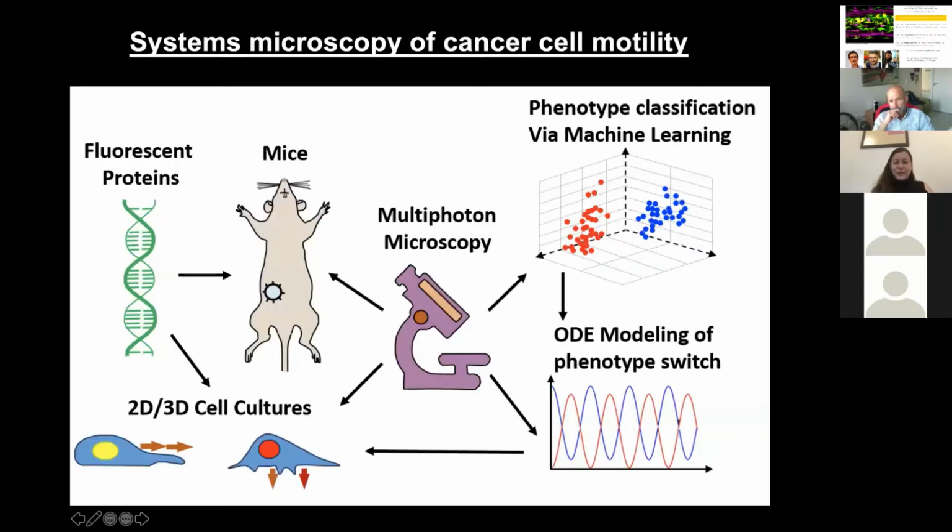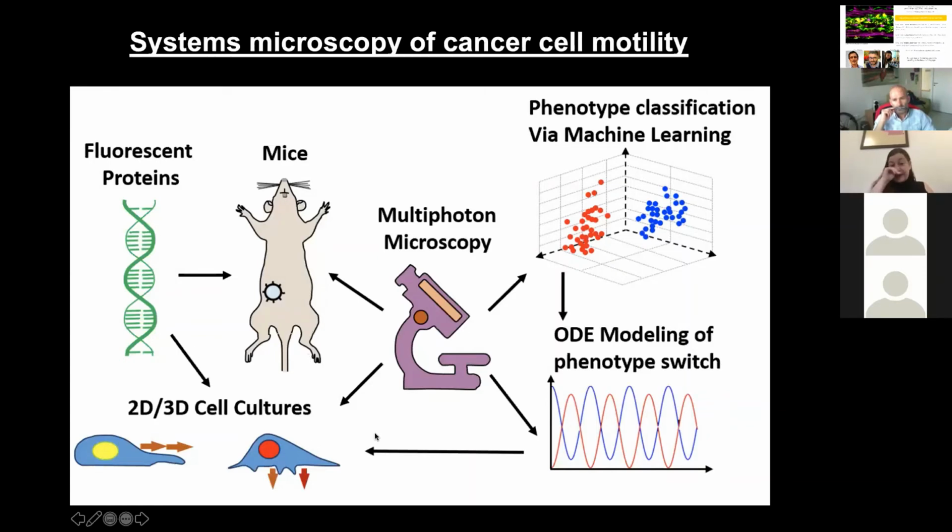And the approach we take, and this is something that is becoming more widely accepted, is the combination of fluorescent dyes as well as fluorescent proteins, working in 2D and 3D cell cultures in addition to mouse models. And nowadays also the engineered environments and microfluidic devices in 2D and 3D.